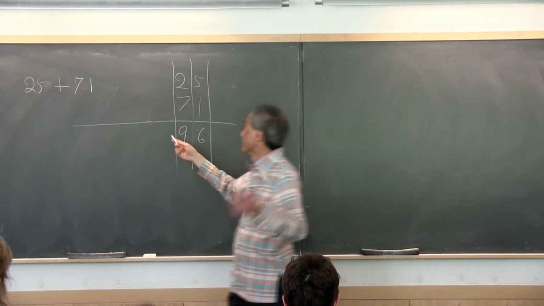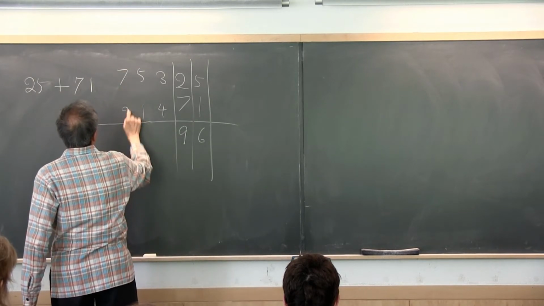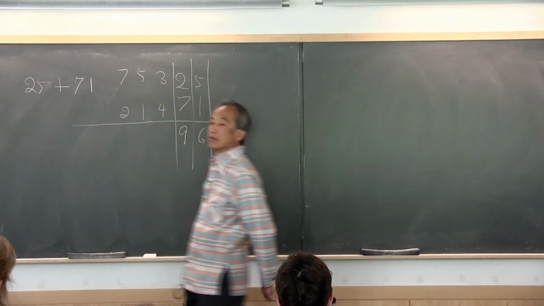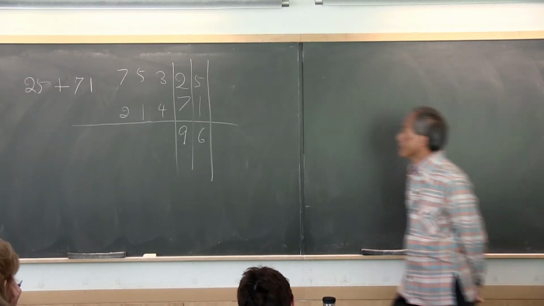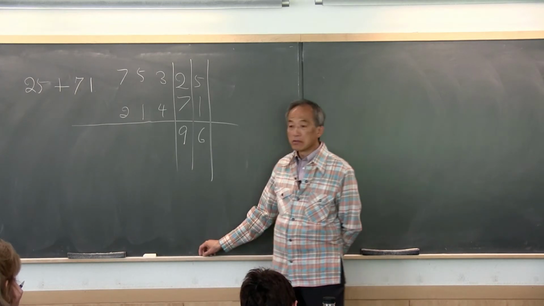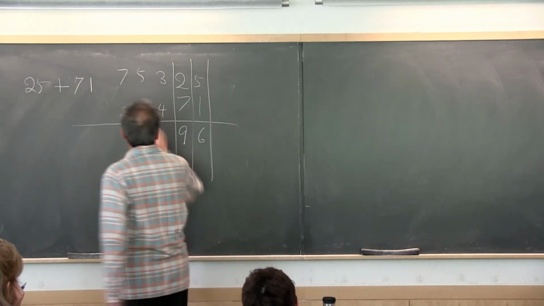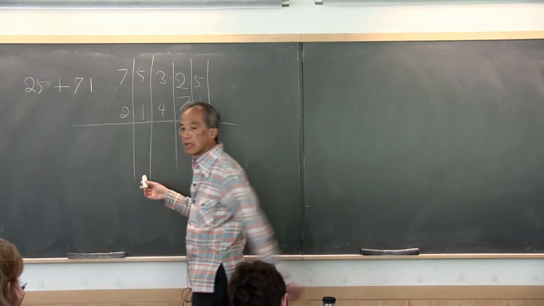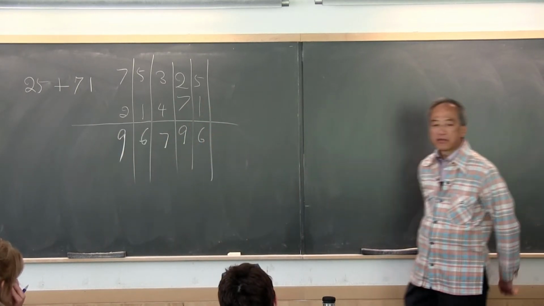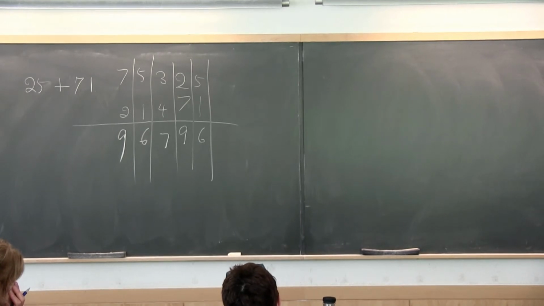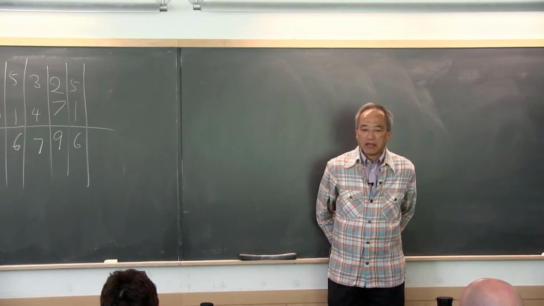I'm trying to tell you that, with two 5-digit numbers, 75,325 and 21,470, it's not a problem. Do a few more single-digit additions, and that's the answer. You should be impressed. Done in 10 seconds flat.